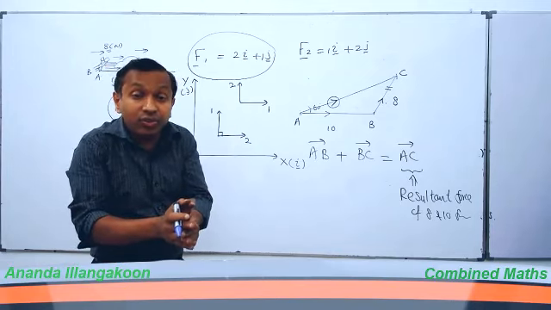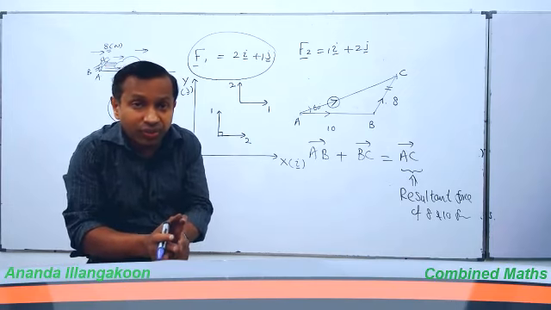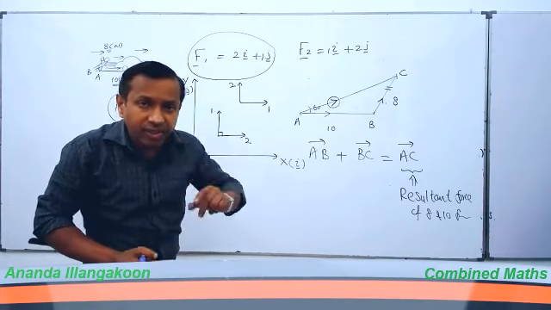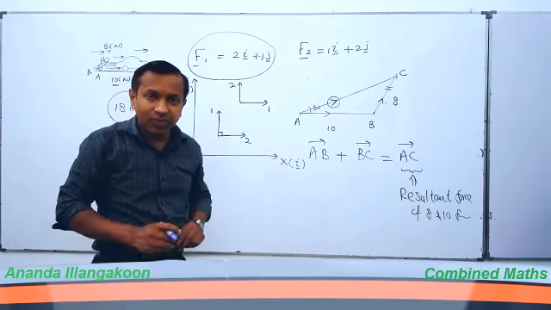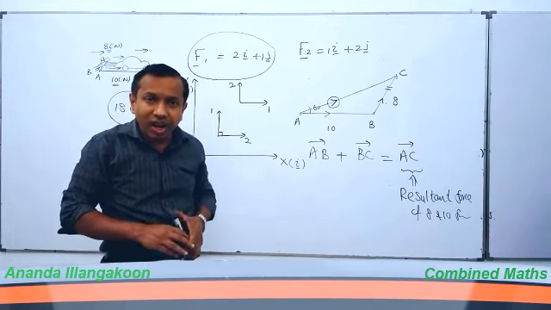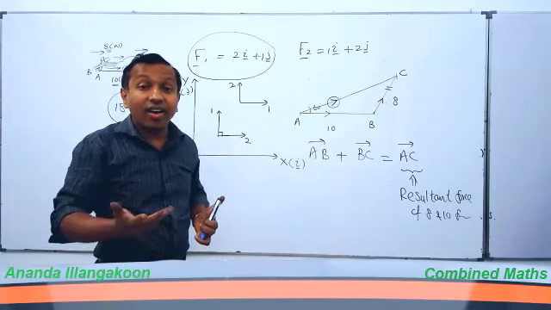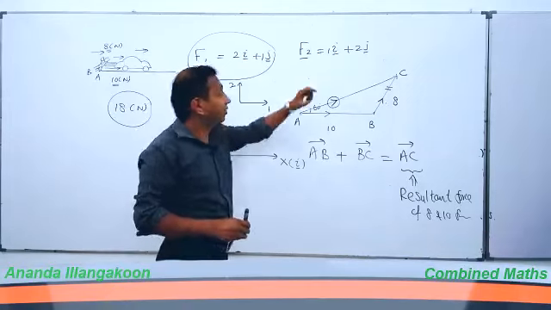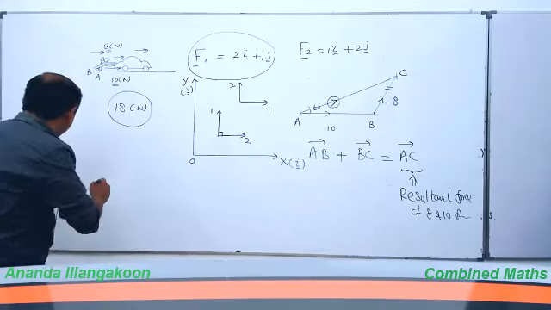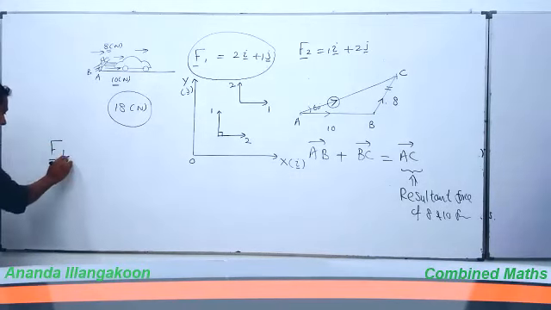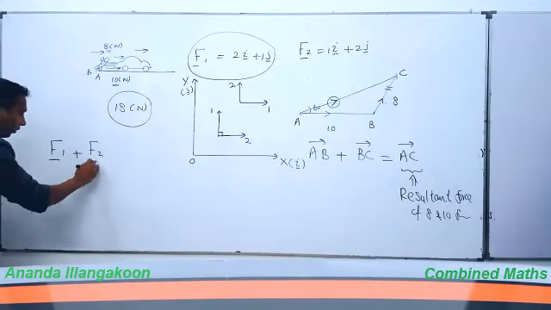Then, because of the action of these two forces, the object will get a resultant force. Now people, tell me how to find the resultant force. Yeah, add these two vectors. How? F1 vector plus F2 vector.